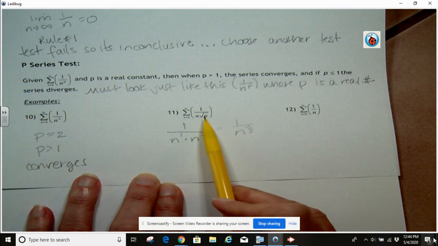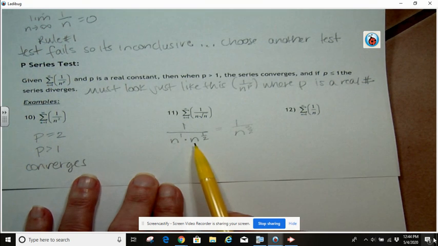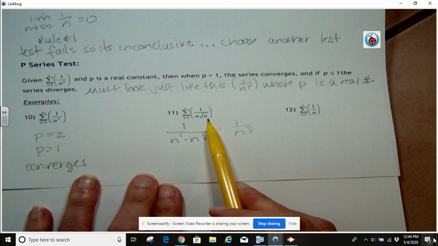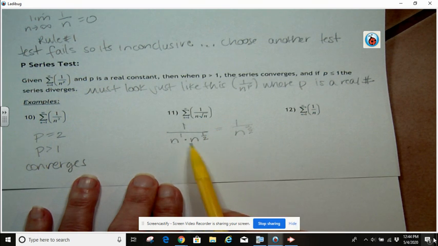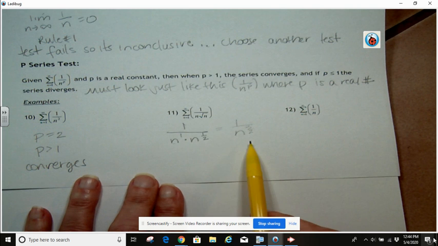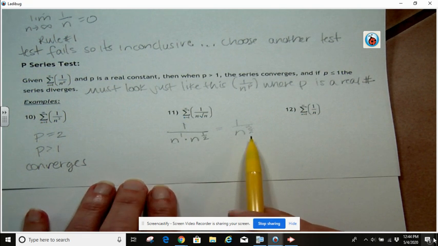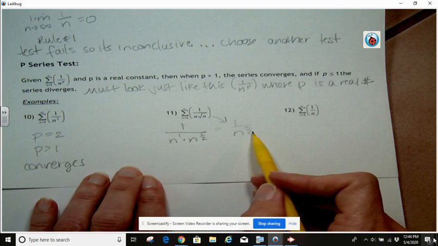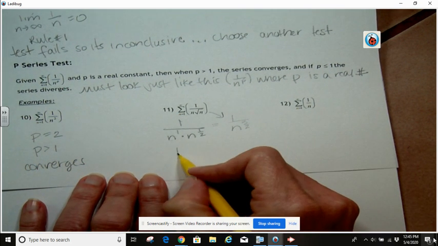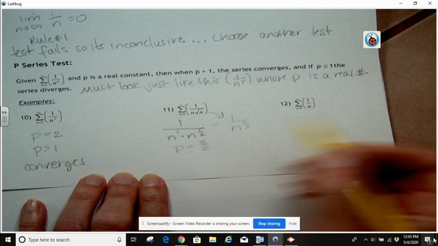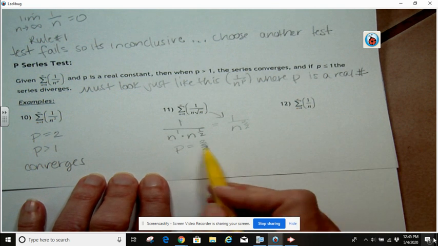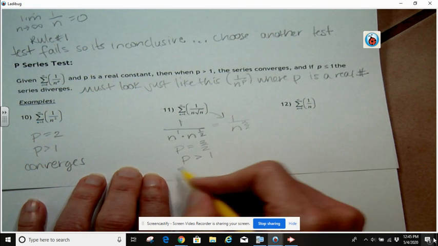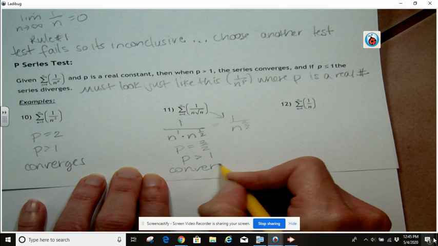So if I rewrite the expression using rational exponents and exponent rules, this is the same thing as 1 over n to the 3/2. And so it's 1 over n to some power, where the power is a real number. The power is 3/2. Okay, well, 3/2 is greater than 1. So this also converges.